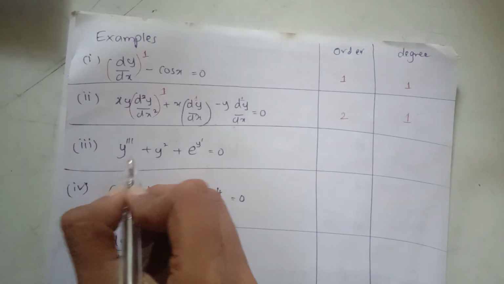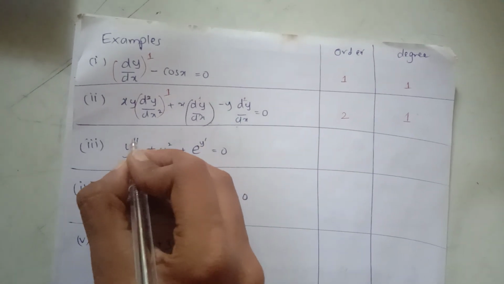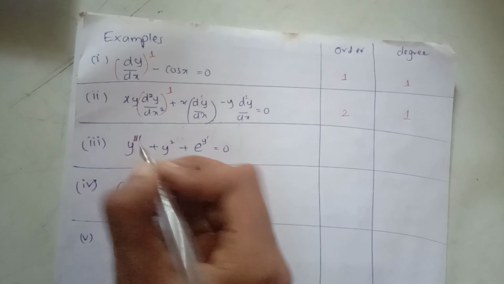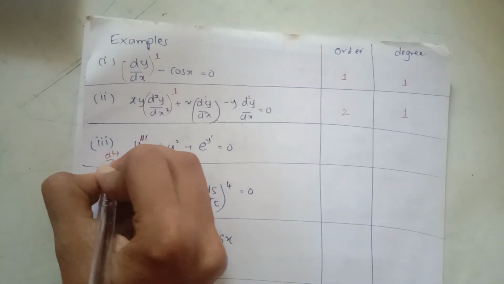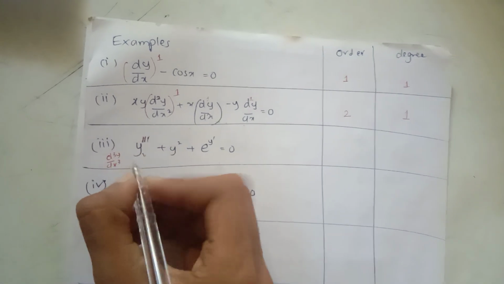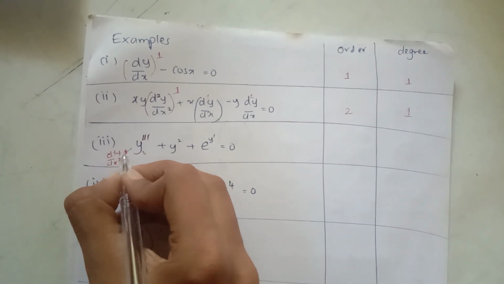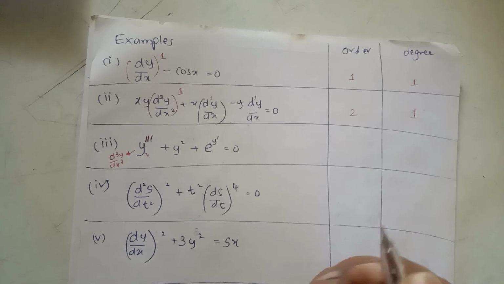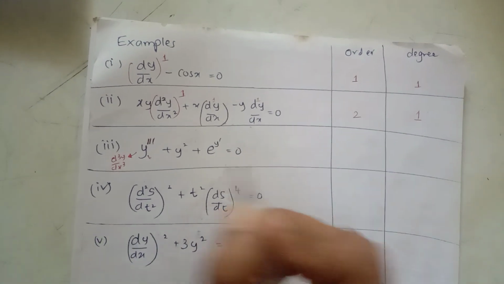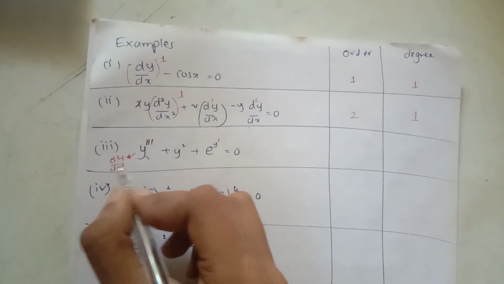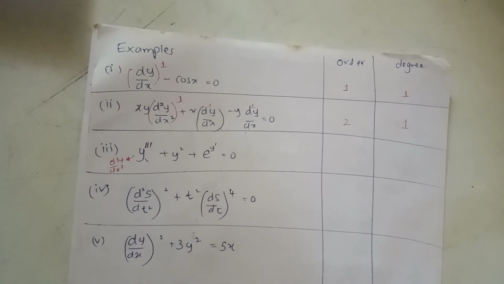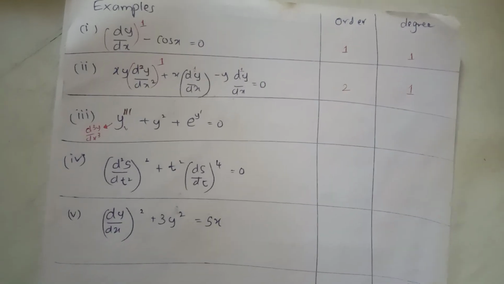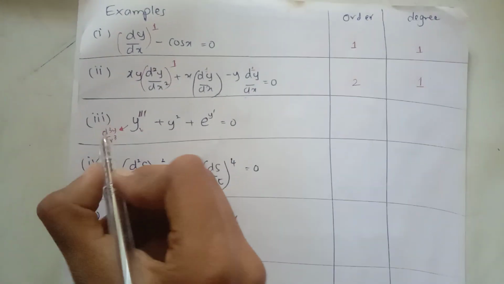This is y to the third derivative of y, which means we can write this like d cube y over dx cube. If it is unclear, you can write it down like this.